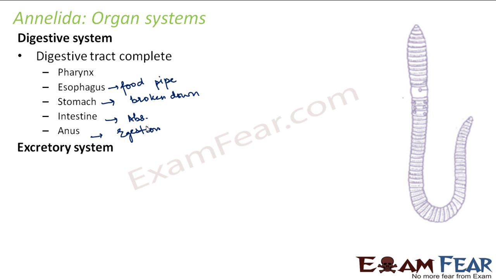Next comes the excretory system. For the excretory system, they have one pair of nephridia in each segment. So what are nephridia?